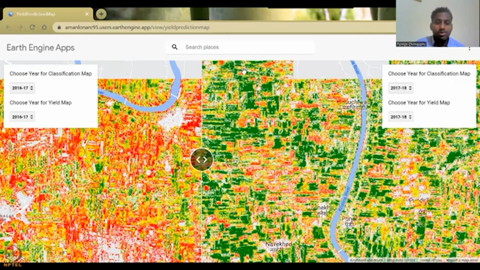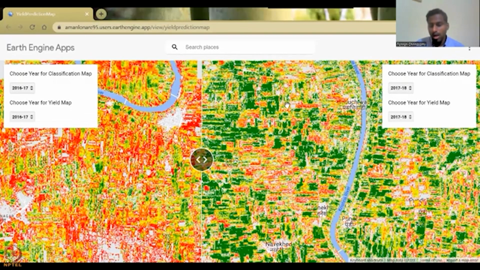You cannot go too far out, because this data was done for the Maharashtra region. So we can just focus on the Maharashtra region, Sangli, to look at it.